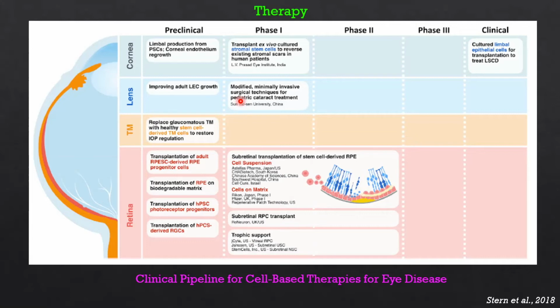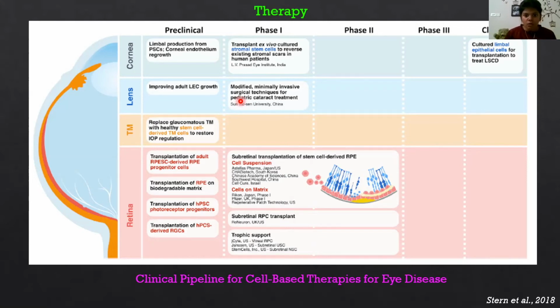If we gain all this knowledge, I think we will be able to design cell-based therapies for patients suffering from so many dystrophies, maybe corneal, or in the case of lens, TM, as well as retina. And when we talk about therapy, how do they actually generate these cells and inject them into a patient? This is the next slide that I'm going to talk about.